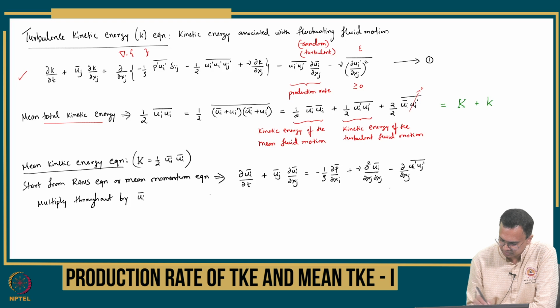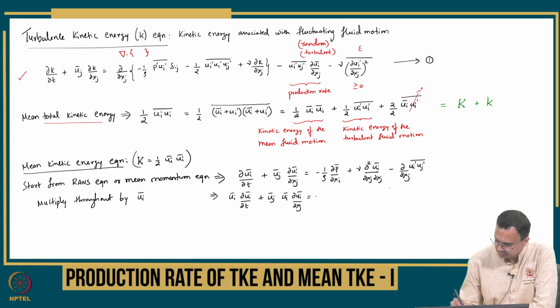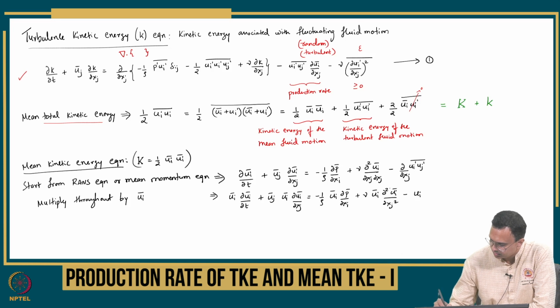So I get ui bar dou ui bar by dou t plus uj bar ui bar dou ui bar by dou xj equal to minus 1 by rho ui bar dou p bar by dou xi plus nu ui bar dou square ui bar by dou xj square minus ui bar dou ui prime uj prime bar by dou xj.